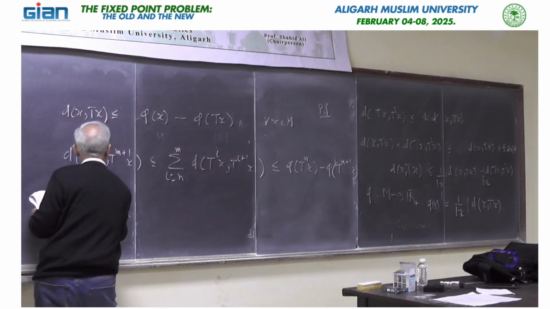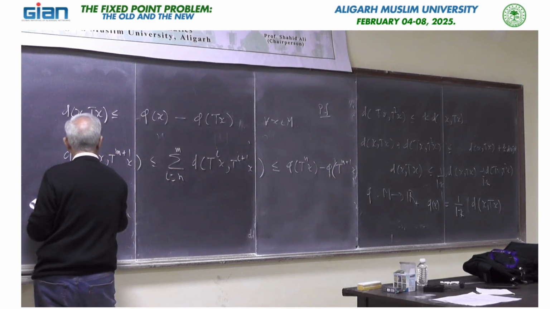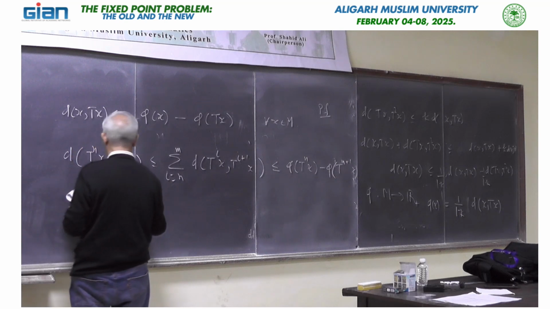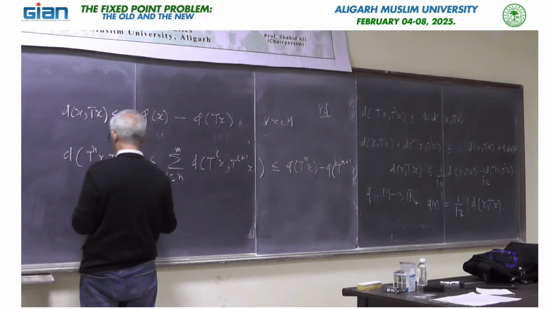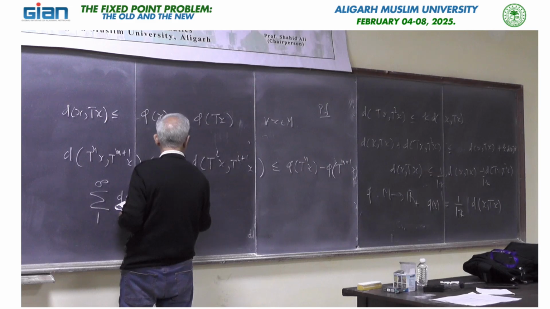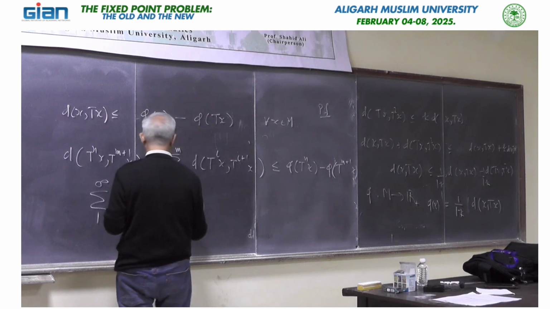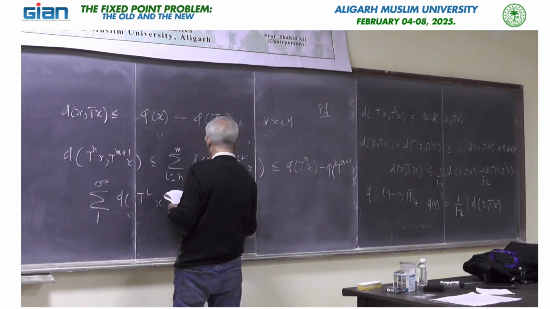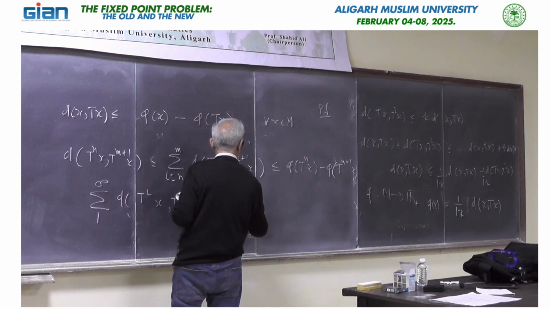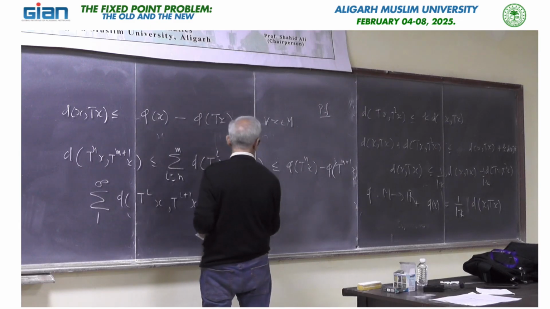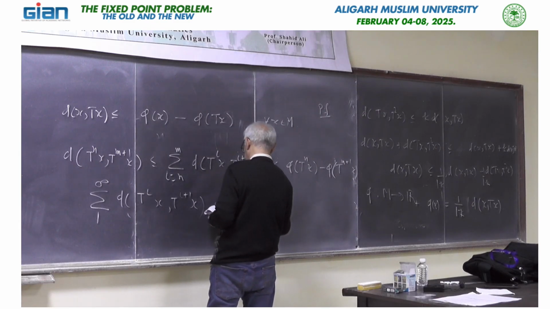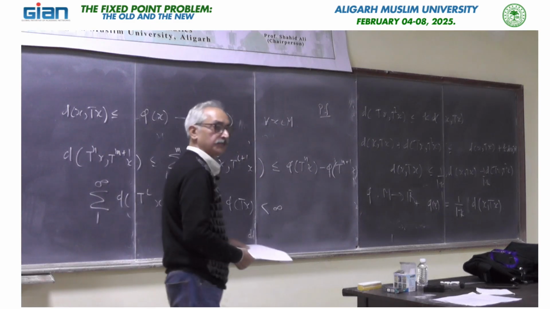sum, then you can write like this, that the sum from 1 to infinity of d(T^i x, T^(i+1) x) is then less than or equal to phi of T x, which is a finite term. This is strictly less than infinity.